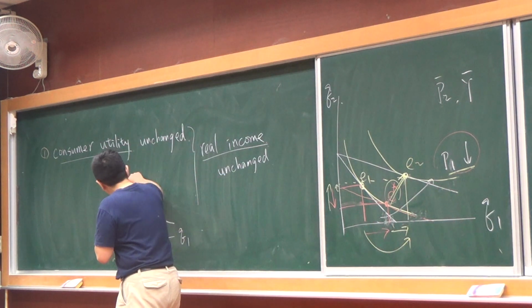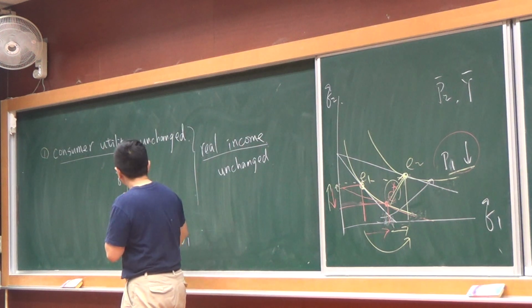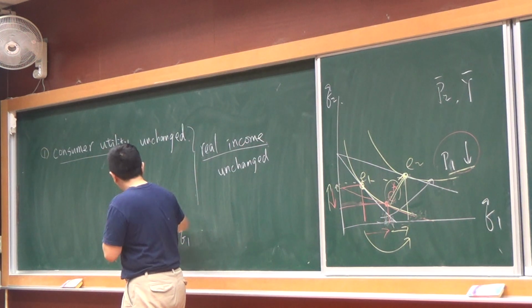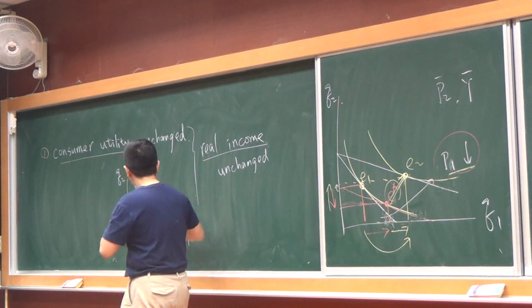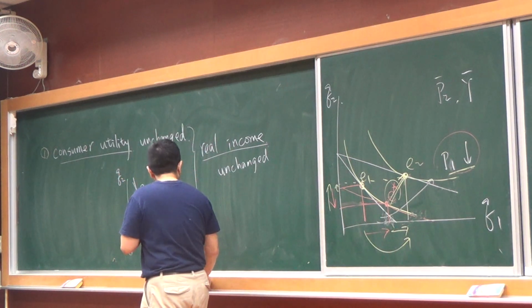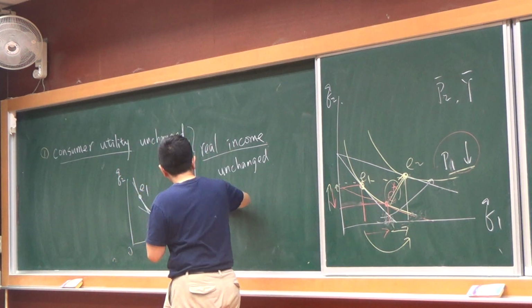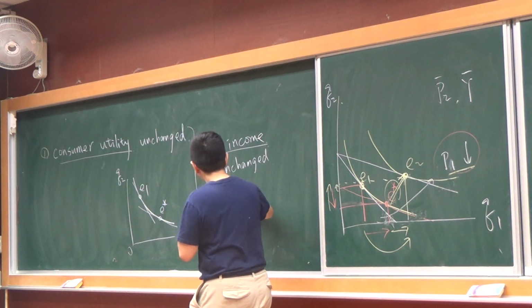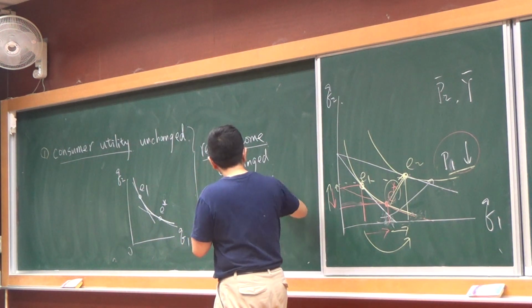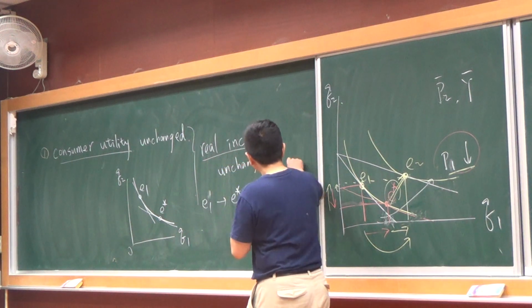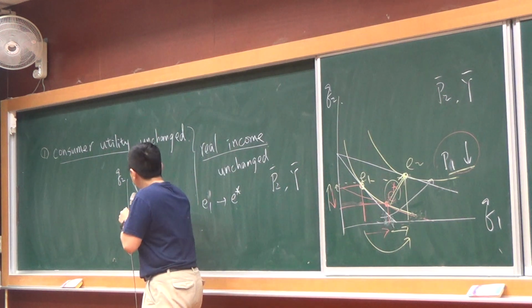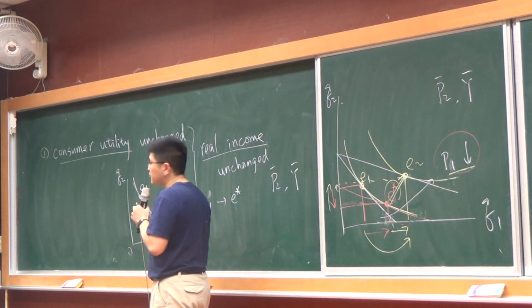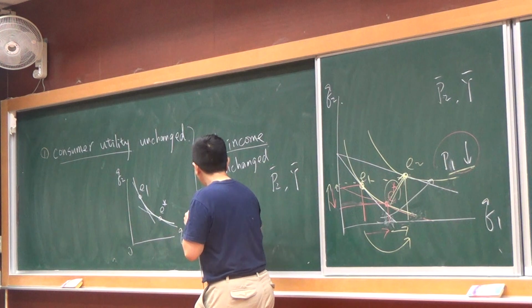So when the relative price becomes lower from E1 to E star, and holding P2 and Y unchanged, what do you think we would move from points E1 to E star? Of course, P1 drops, right?